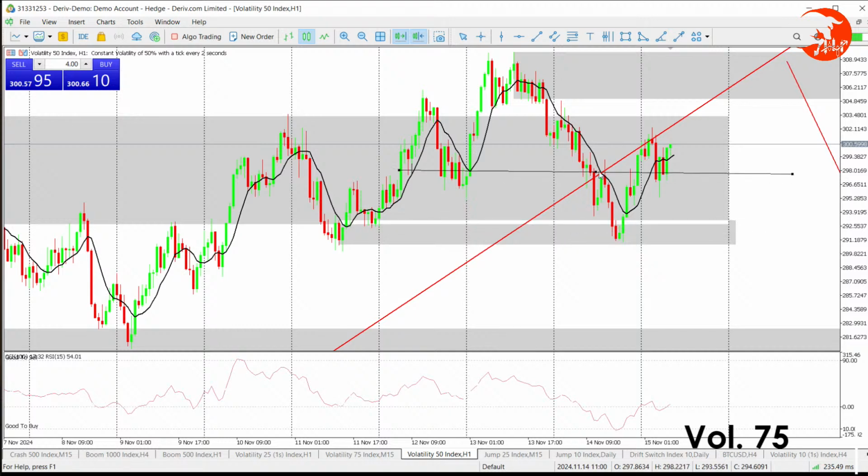So on that very level, we got a change of character again, because here we had started lower lows and lower highs, and then here we got a change of character, got a high there, and now this is our higher low. Now the highs have started. It means we are buying according to H1.